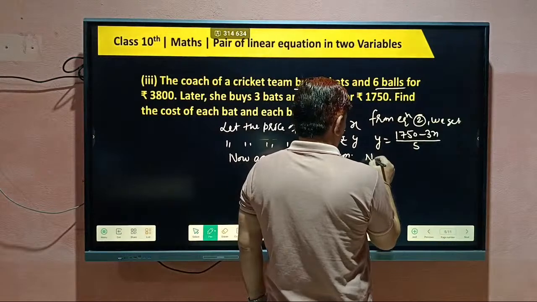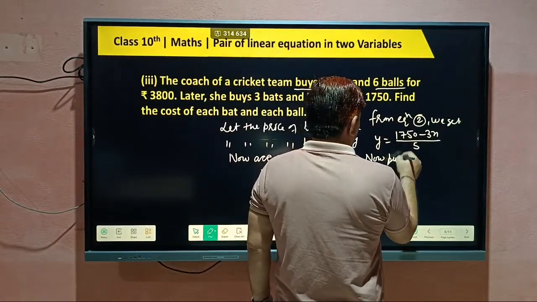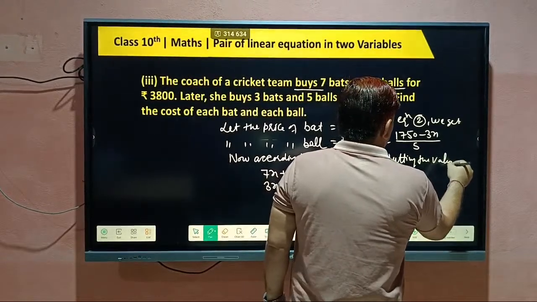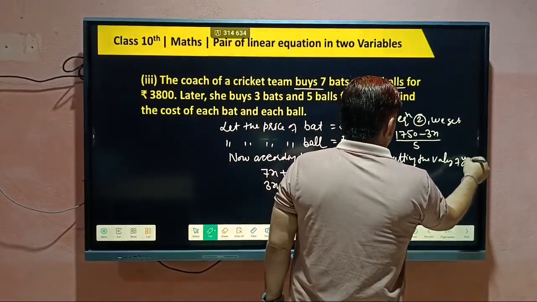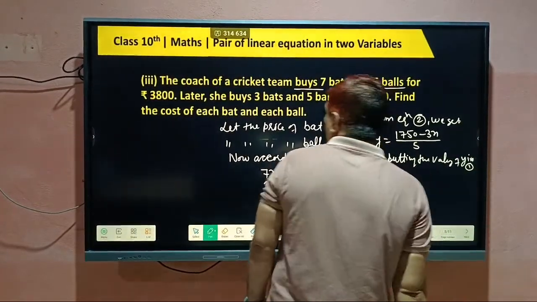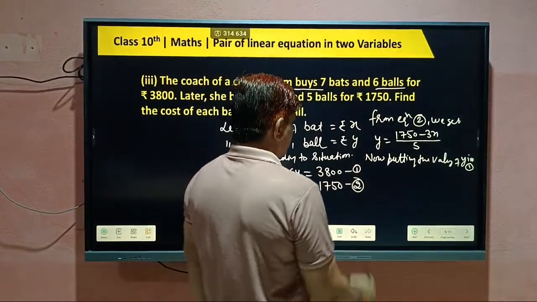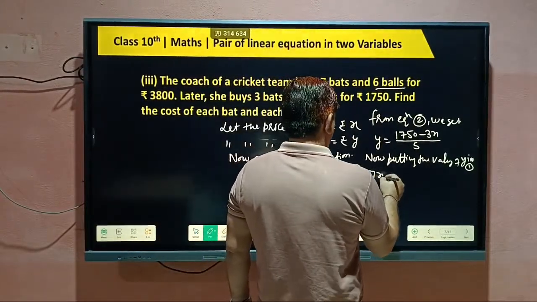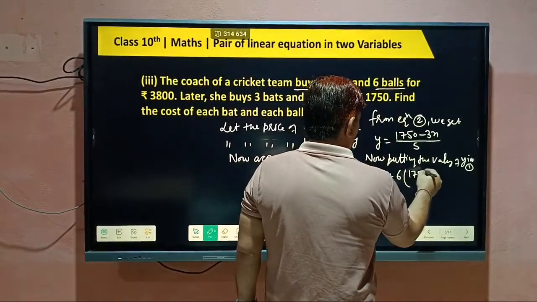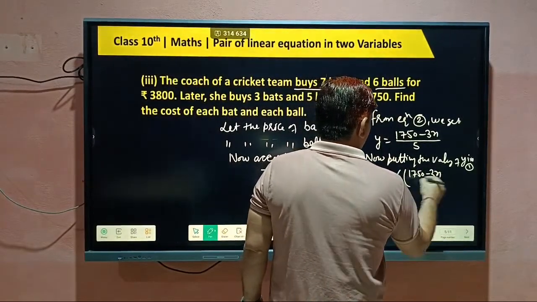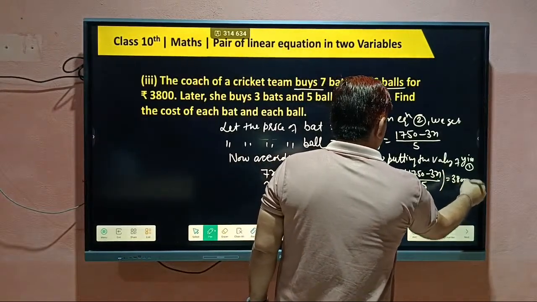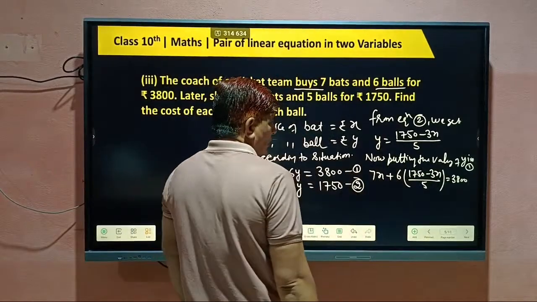Now putting the value of y in the first equation: 7x plus 6 into (1750 minus 3x) by 5 is equal to 3,800. Yes or no?